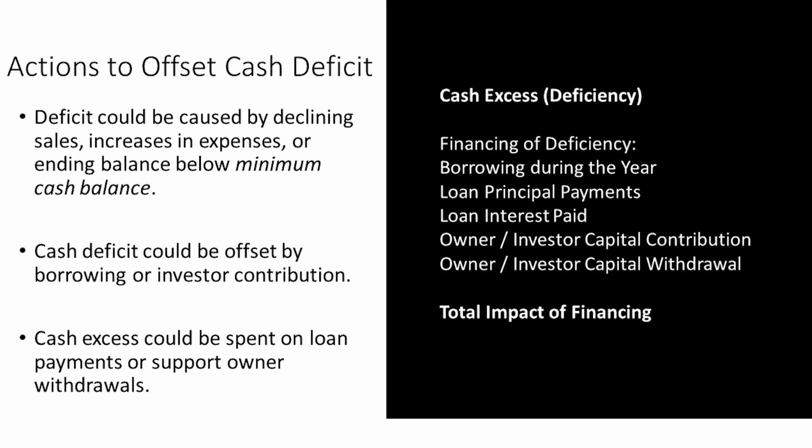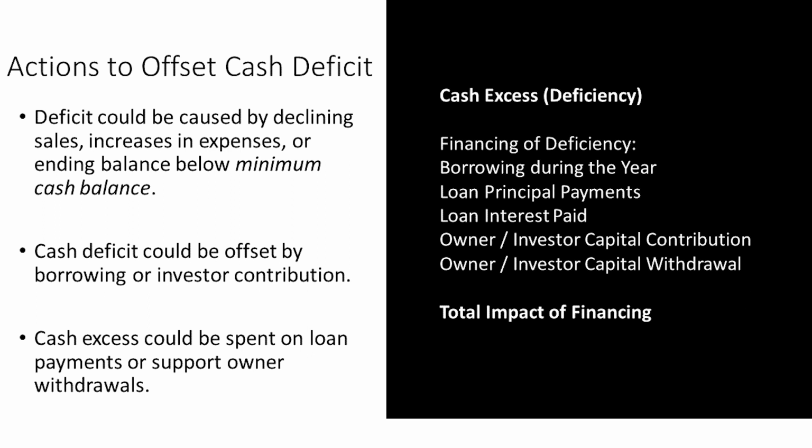Or if it's a deficit, you may want to go out and borrow money from the bank, maybe get a line of credit. So these are various options that you can use either to spend the excess if you choose to do so, or you could once again find a way to eliminate the deficit and actually achieve the $10,000 balance that you're looking for.